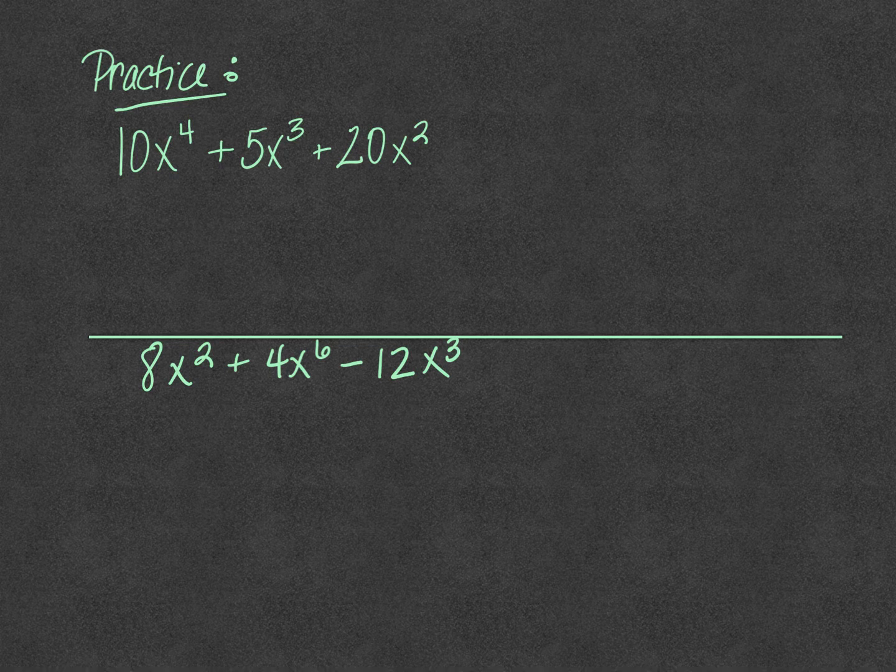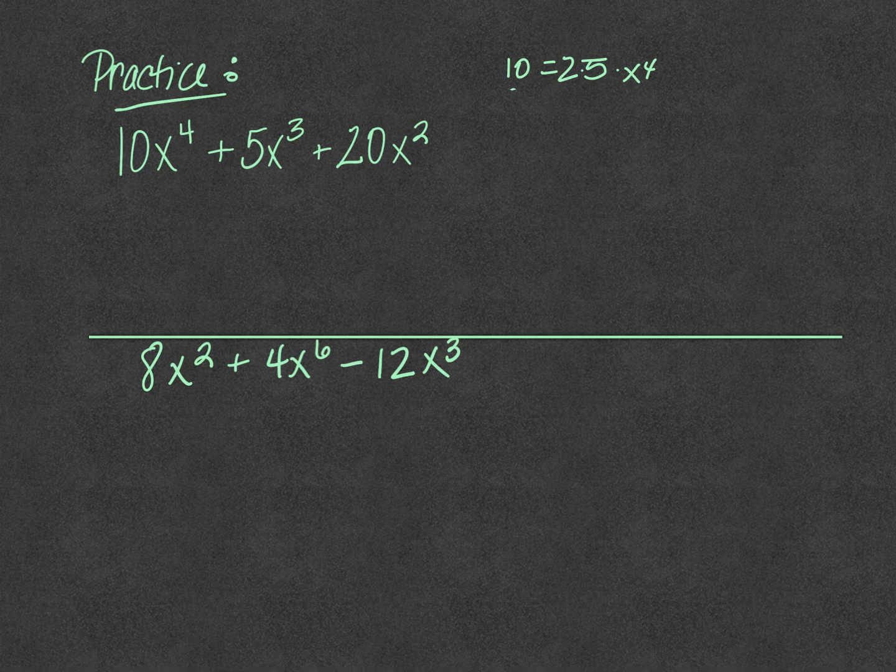So I have 10x to the 4th plus 5x to the 3rd plus 20x squared. Now, I am going to factor each term in order to find the greatest common factor, okay? So let's just start here with 10. My factors here are 2 times 5 times x to the 4th.